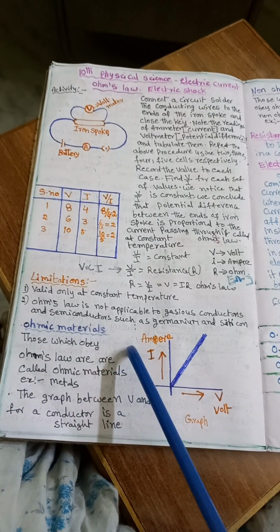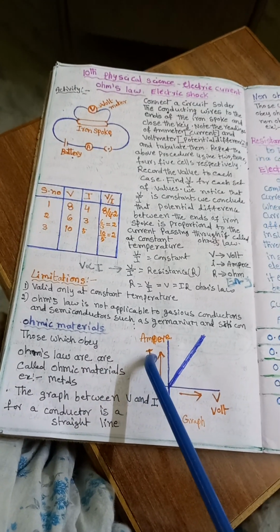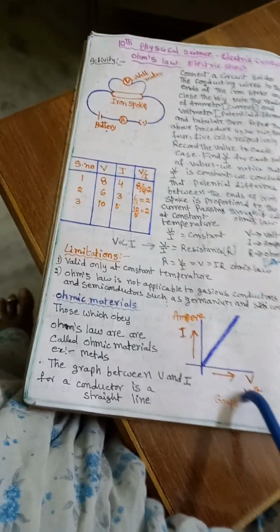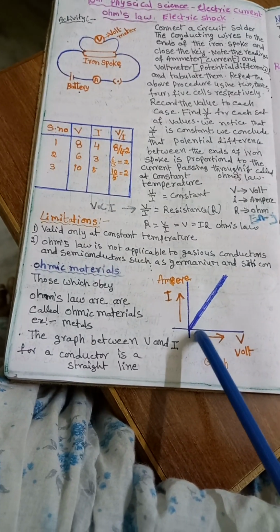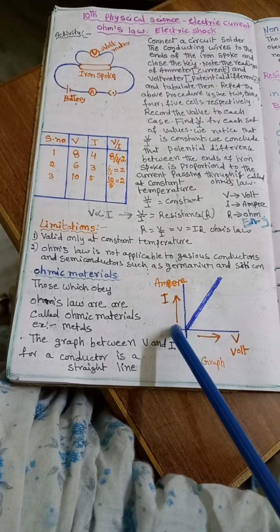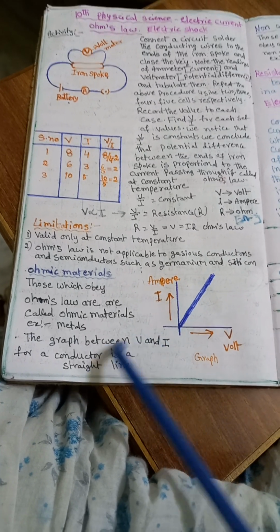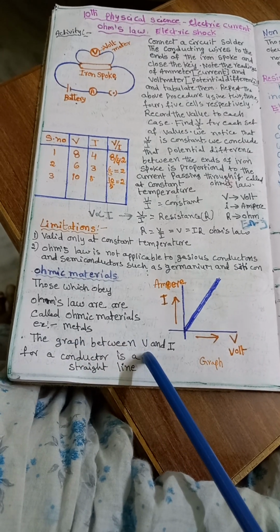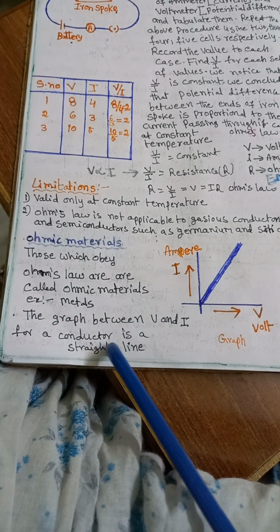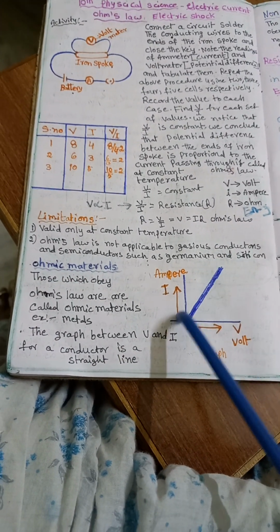When we draw the graph between current and potential difference, we get a straight line. So the graph between potential difference and current for a conductor is a straight line.